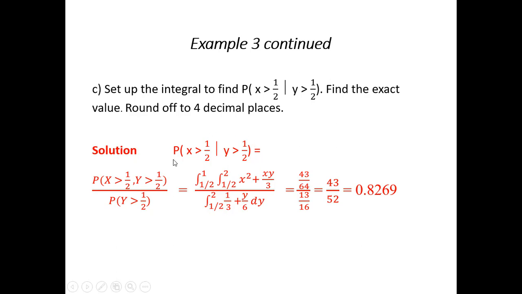We're looking for this conditional probability. We can think of this as the probability x is greater than 1/2 and y is greater than 1/2, divided by the probability y is greater than 1/2.